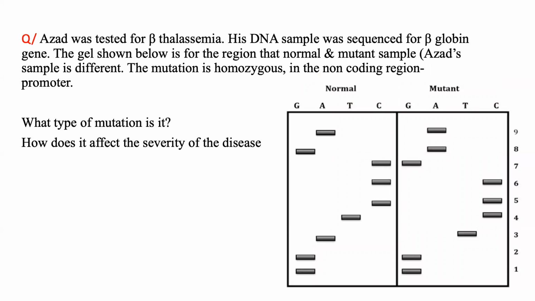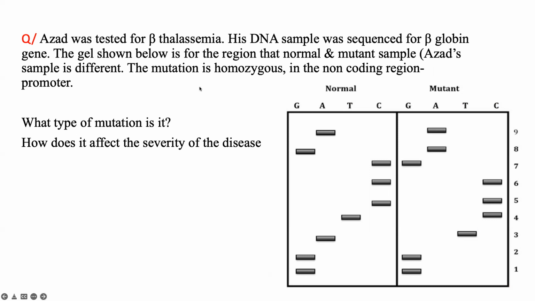So here we have the Sanger sequencing result for Azat, who is tested for beta thalassemia. We want to know if there's a mutation. The region where there's a difference between normal and mutant, that is Azat's sample, has been shown here. And it tells us 2 things.